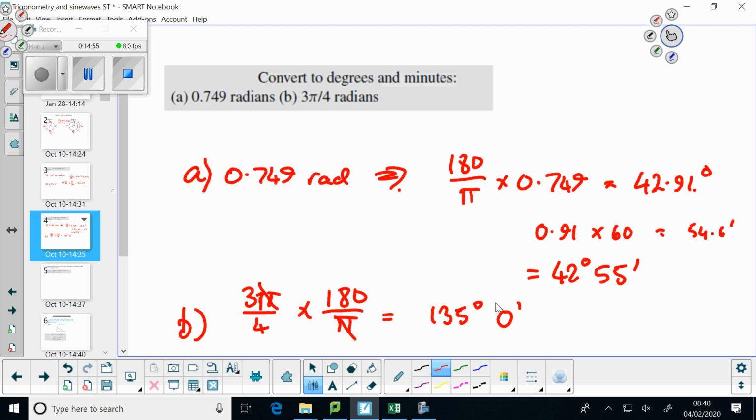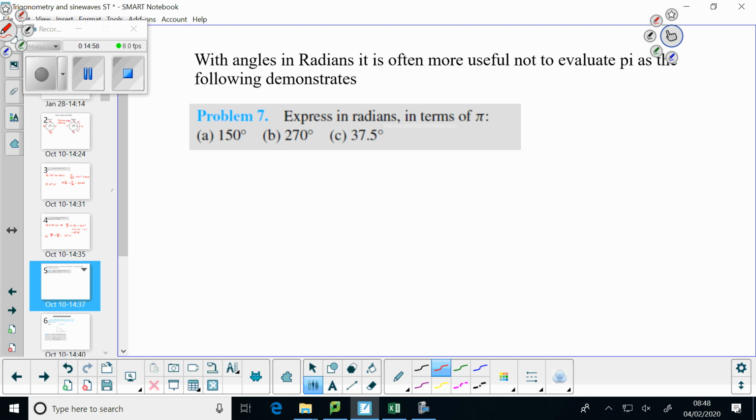If you look at these problems, you'll see that often it's more useful not to evaluate pi, as the following demonstrates. So here we want 150 degrees in radians. That's that. And if you do that on your calculator, if you've got it set up right, you should get the answer like this.